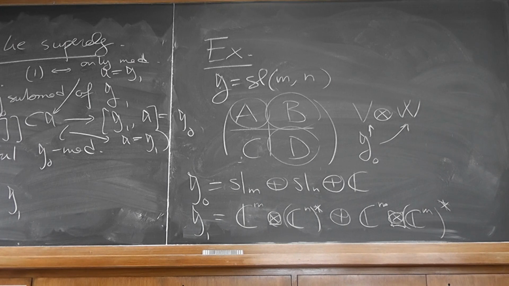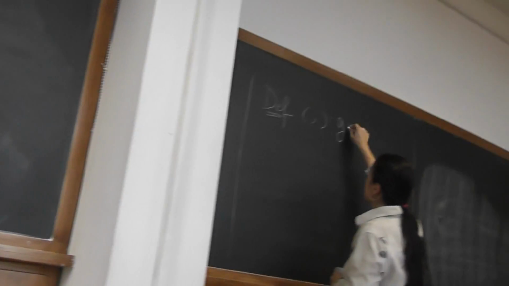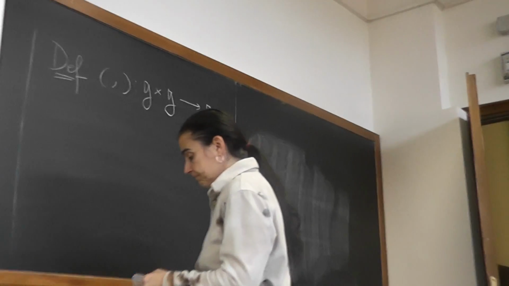Now I want to say what an invariant bilinear form on G is, but this is very clear.